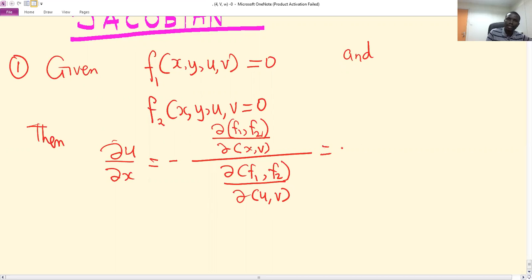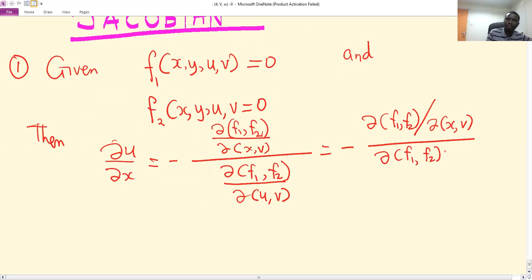Which is the same thing, can be written as negative partial f1, f2 over partial x, v, over partial f1, f2 over partial u, v. You can prove that one by writing the chain rule derivative of f1 with respect to x, and then f2 with respect to x, and then solving for partial u, partial x.